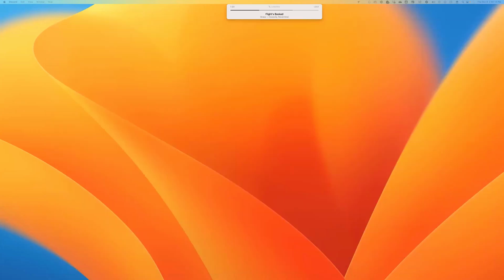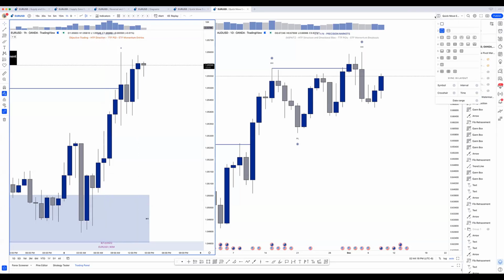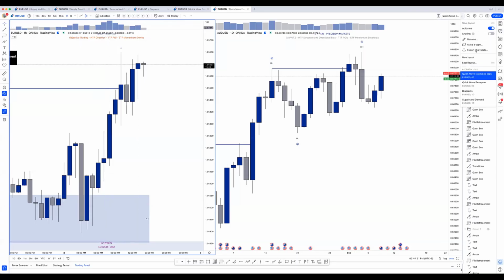Time frames are really irrelevant though, bro. Well, for the change of character, time frames are relevant. It's all about the system. System's all that matters. Which one is this?